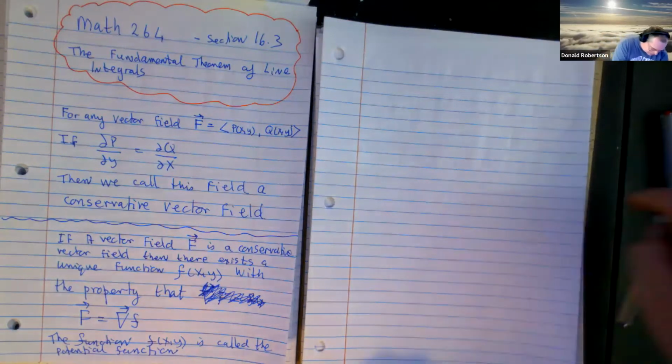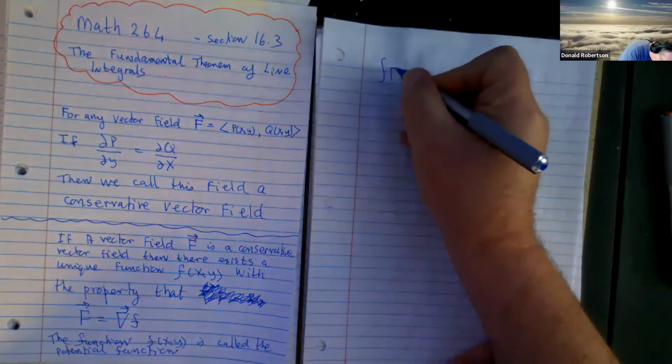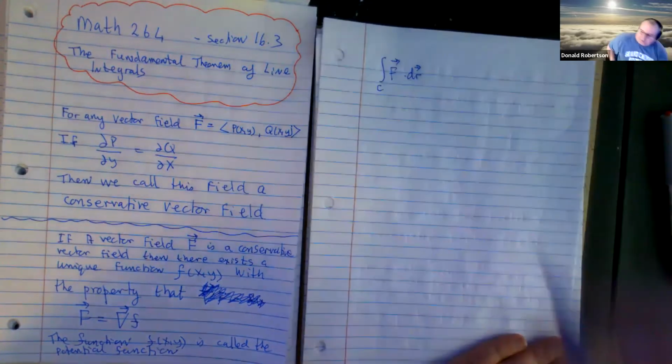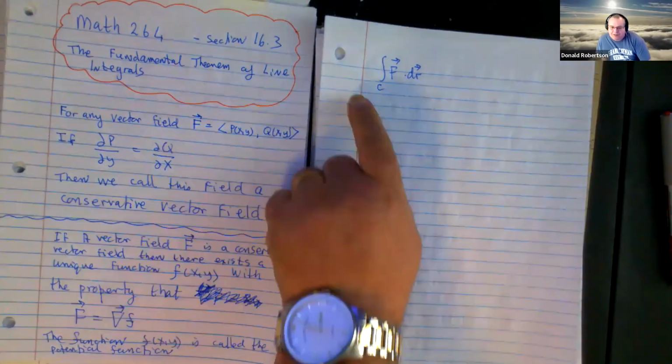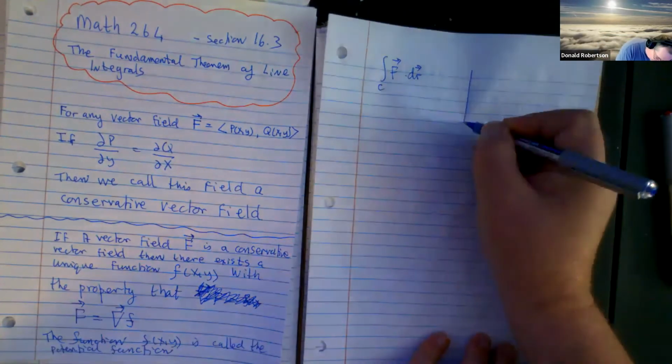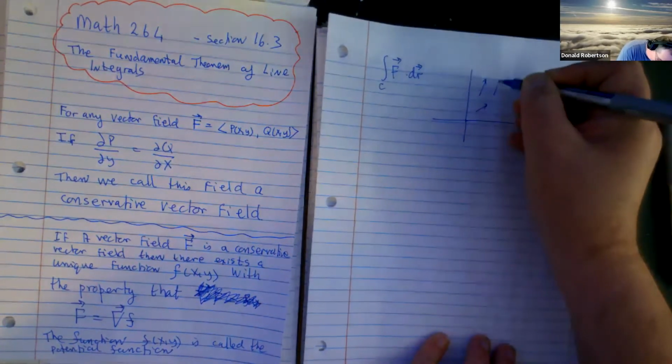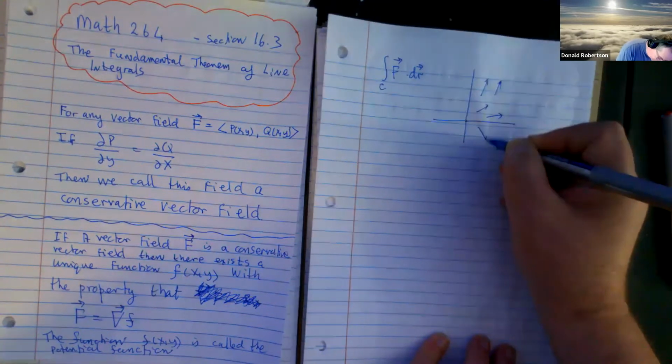We are looking at line integrals that essentially look like that format, right? F is a vector field, so we're talking only about 2D vector fields. So can you imagine we've got, God, it takes forever to draw these arrows.